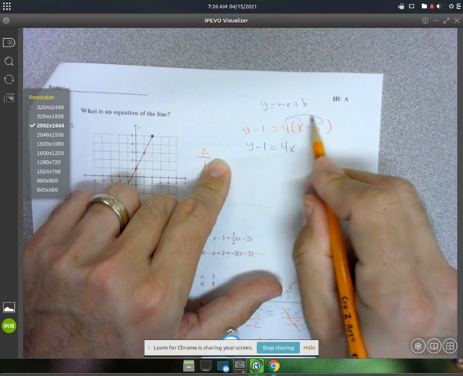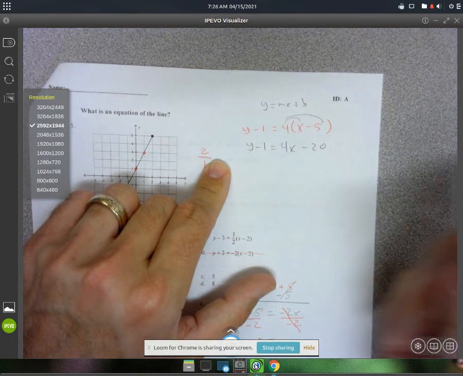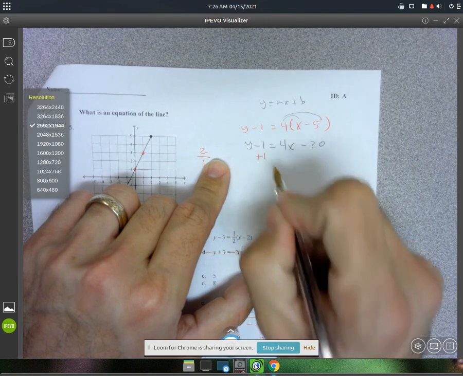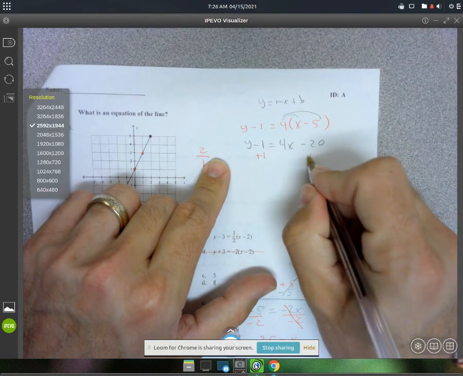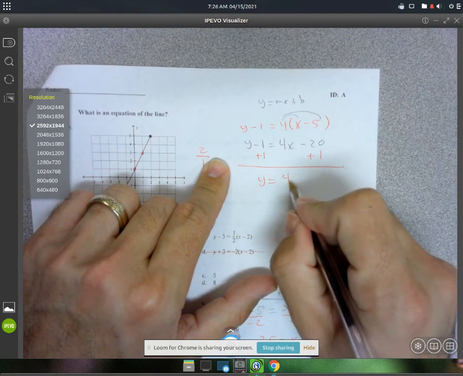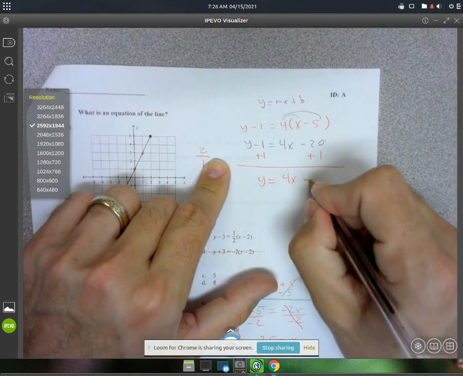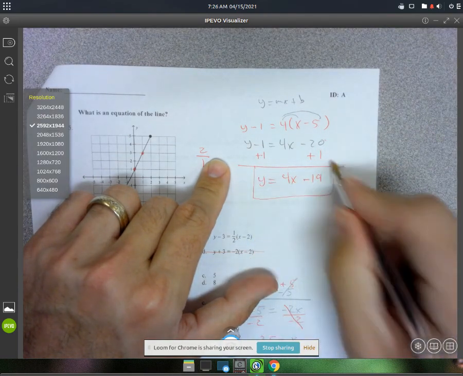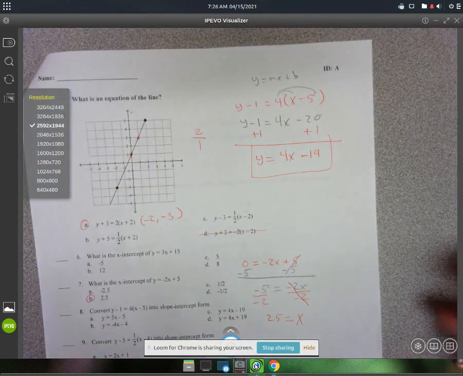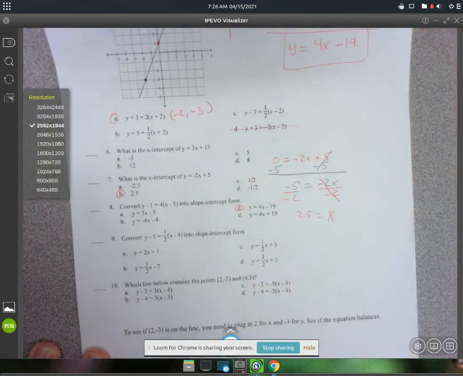And then 4 times negative 5 will be negative 20. And then we just need to move over this 1. So add 1 to both sides. y equals 4x still. And negative 20 plus 1 will be negative 19. So it's 4x minus 19. And that'd be option C.